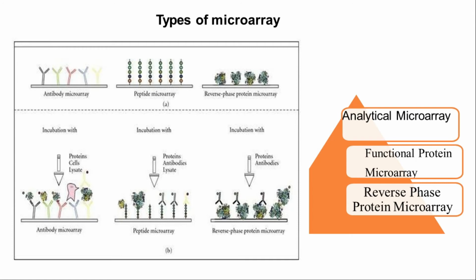So there are three types of microarray on the basis of this chart, and we can also categorize them as analytical microarray, functional protein microarray, and reverse phase protein microarray.